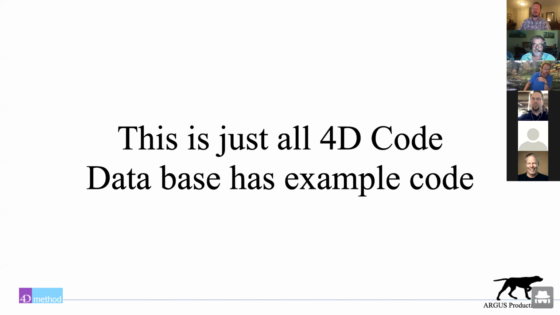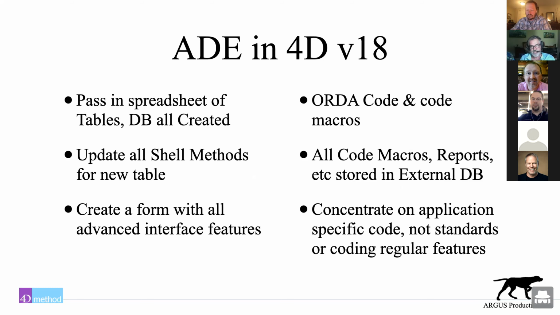Sure. Yeah. I just figured it's too much in here, but I spent a lot of time with that. I probably spent 6 months just writing code that went through code and did things to it. But the big thing I want you to go away with, other than standardize your code, is it's just 4D code and you can write this yourself. Yes, you can buy the ADE, but it's just 4D code that you can do.